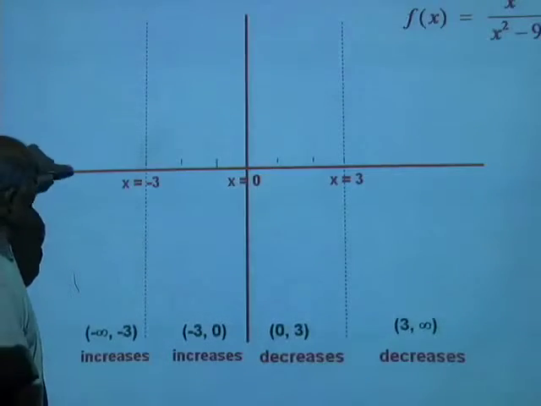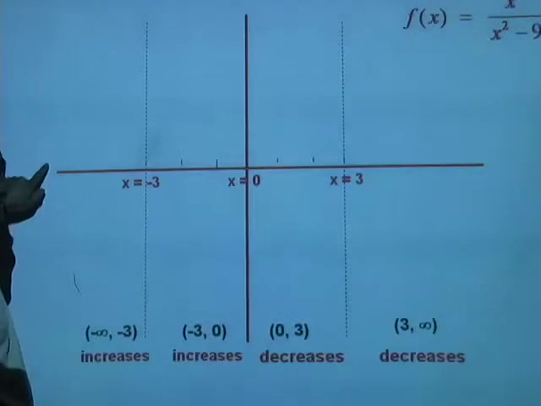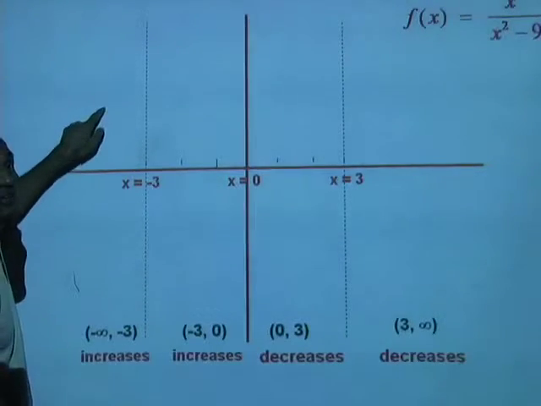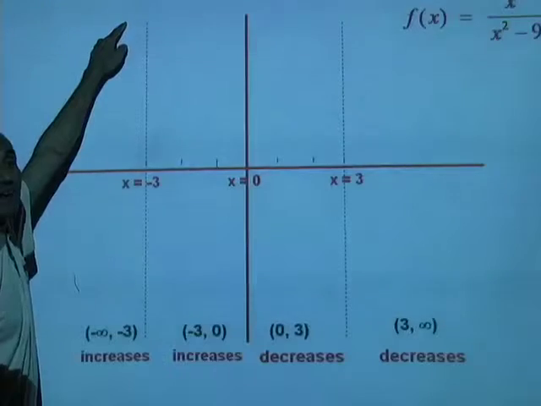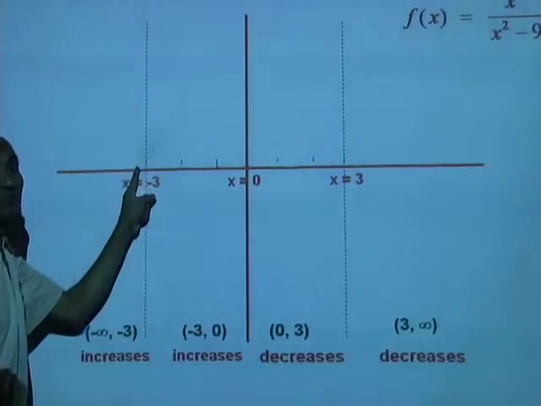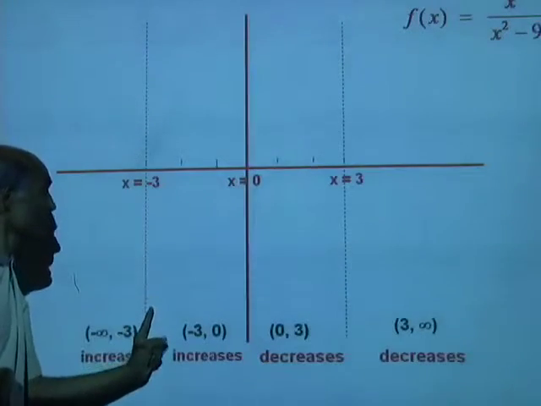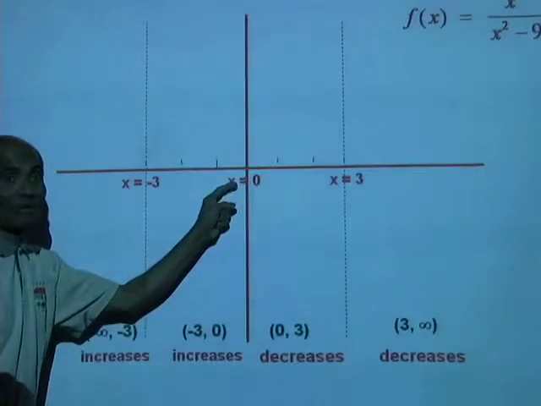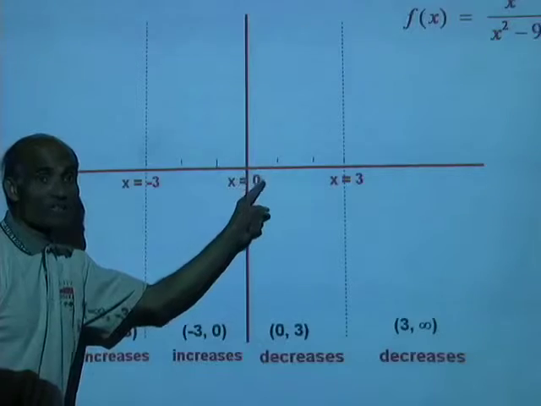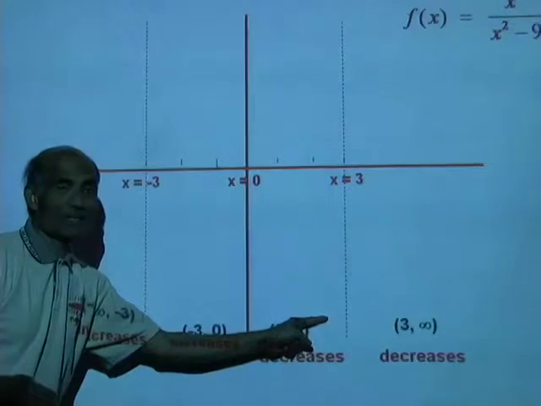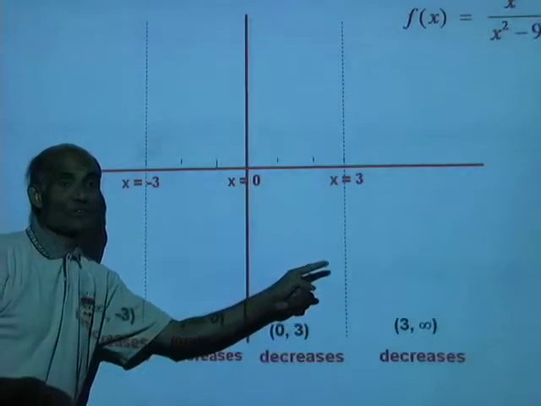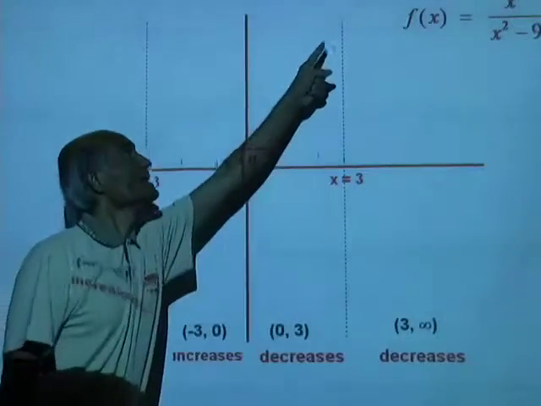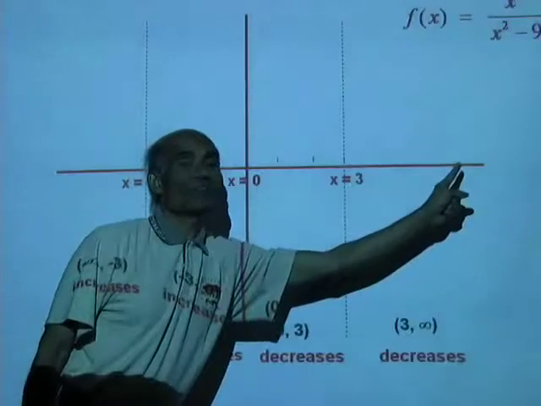Well, we know that from -∞ to -3, the function is increasing, and from -3 to 0 again, it is increasing. Alright, 0 to 3, it is decreasing. And from 3 to infinity, it is decreasing.